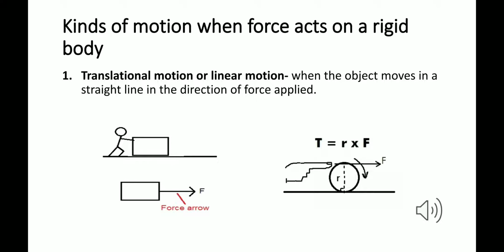The body will move in a straight line. It will move in the direction of the force. So when a body is free to move, it starts moving in the direction of force. And this kind of motion is known as linear motion or translation motion.